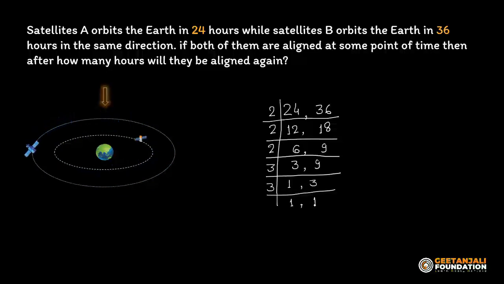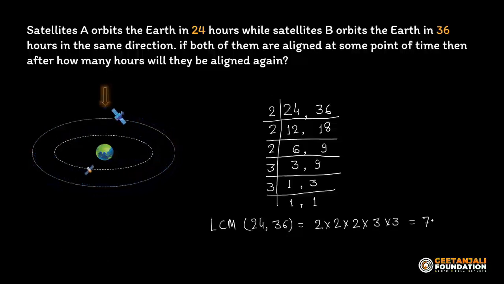So LCM of 24 and 36 is equal to 2 times 2 times 2 times 3 times 3. So 9 eights are 72.